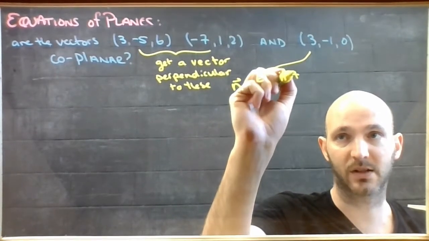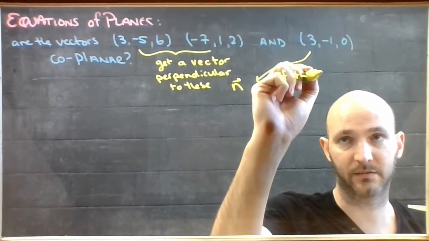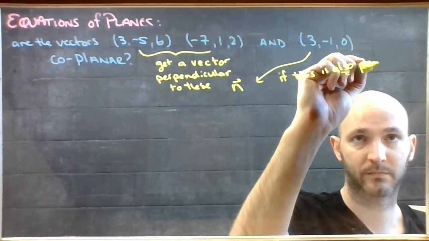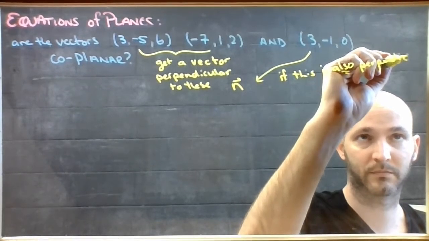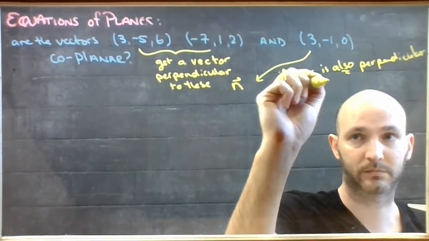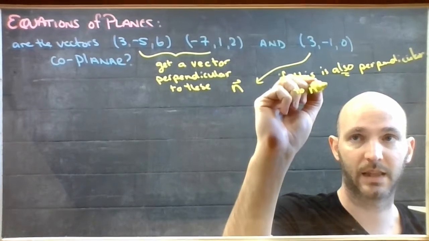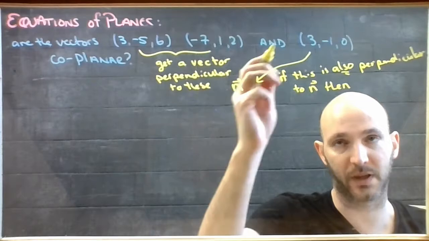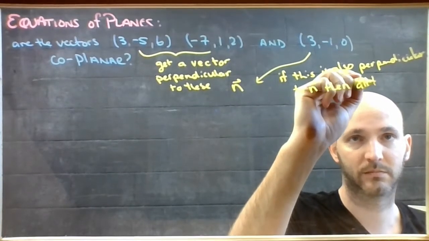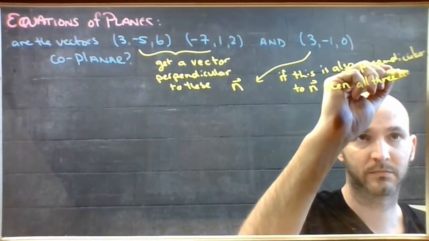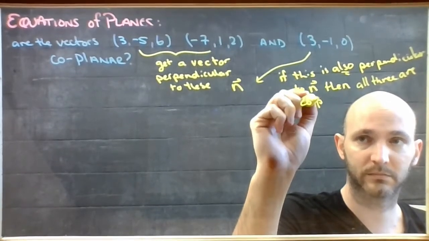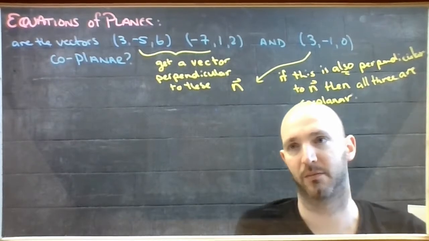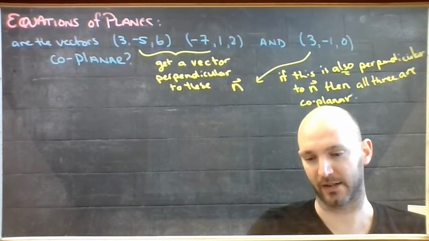If this is also perpendicular to n, then all three are coplanar. So it's just another monster exercise in multiplication of vectors.